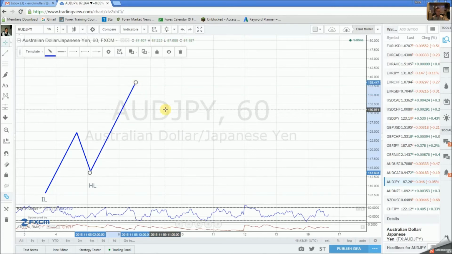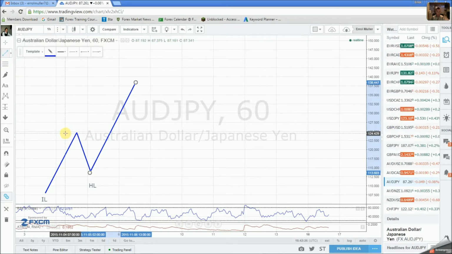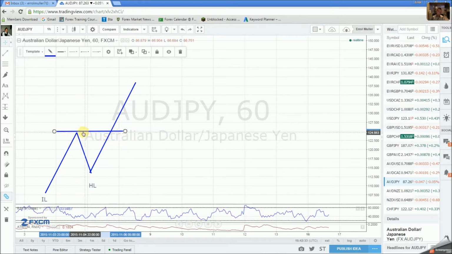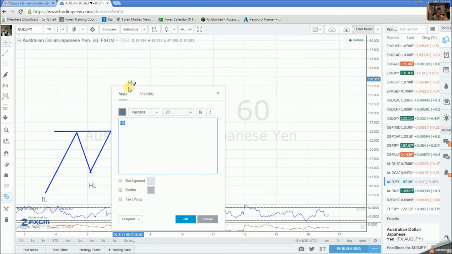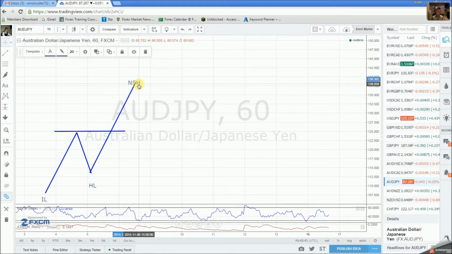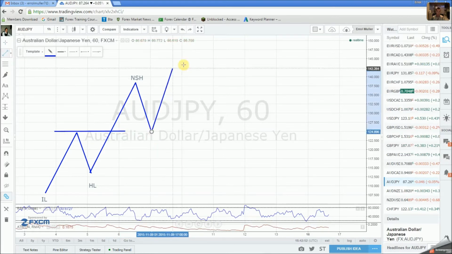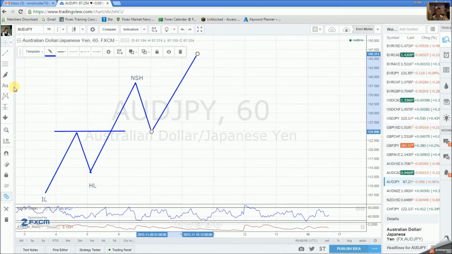bullish movement here, and so what happens is we get a break of structure, which will be previous support, and we managed to get a break of structure, and this will now be called our new structure high, NSH, for new structure high. And then we will get another retracement, and then from there on we will get another break to the upside, which will look something like this.